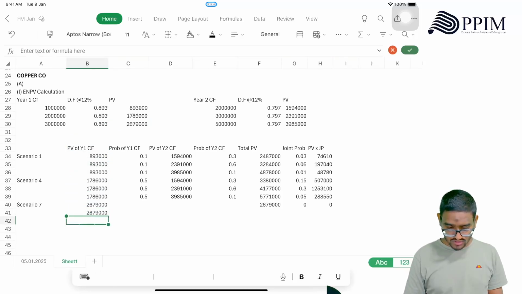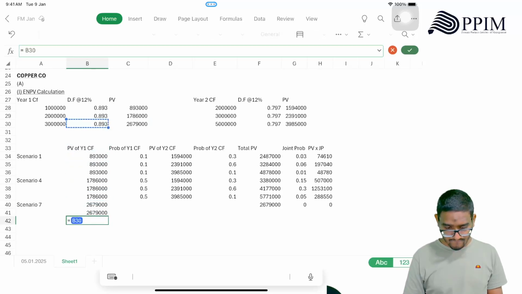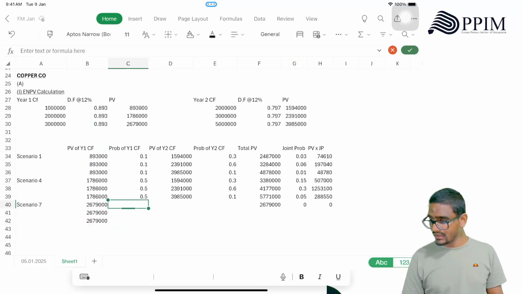So you have three scenarios here. This will be 0.4.